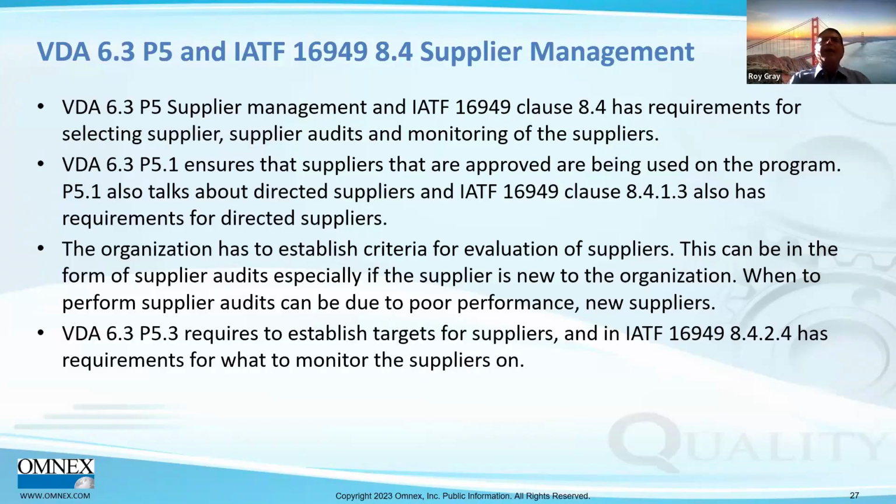So we have to have targets for on-time delivery, quality, maybe warranty, things like that, so that we know how well the suppliers are performing. And if they're not hitting our targets, then what are we going to be doing about it?